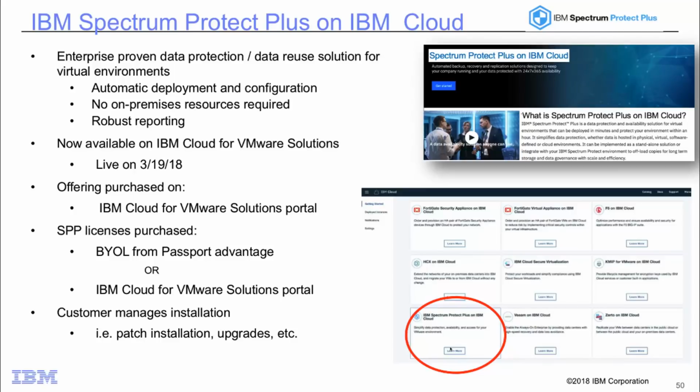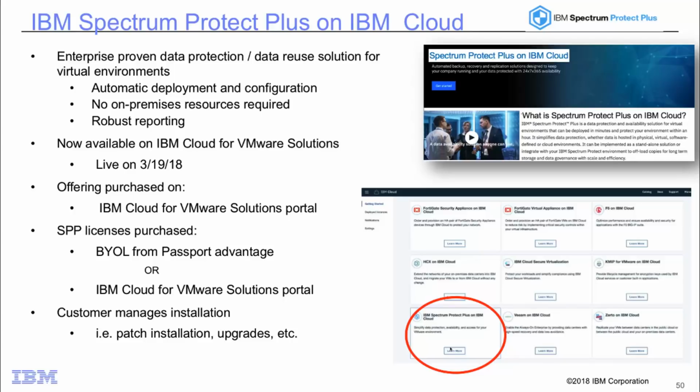It provides automatic deployment and configuration of Spectrum Protect Plus with no on-premises resources required. This will be available on the 19th of March 2018 on the IBM Cloud for VMware Solutions portal.